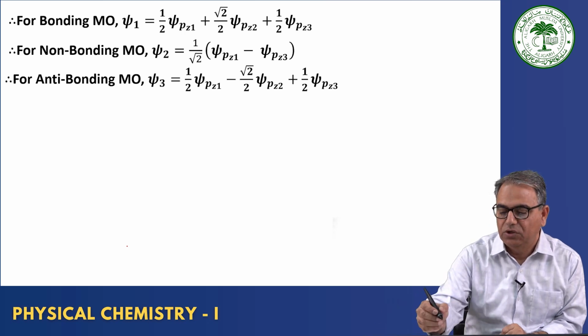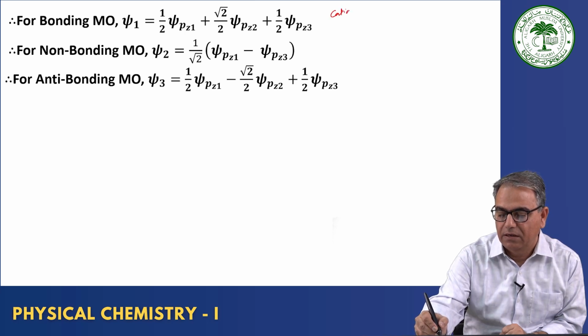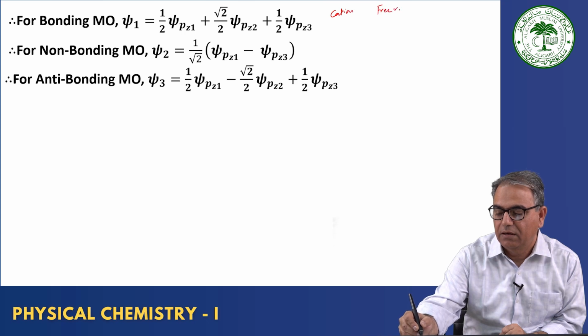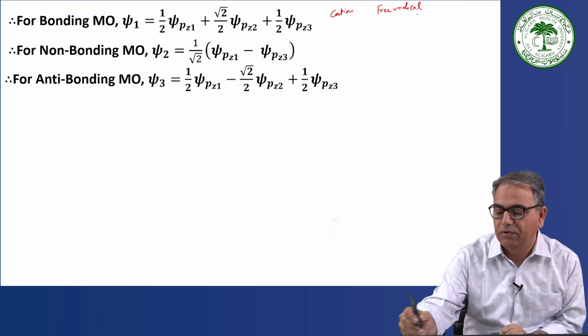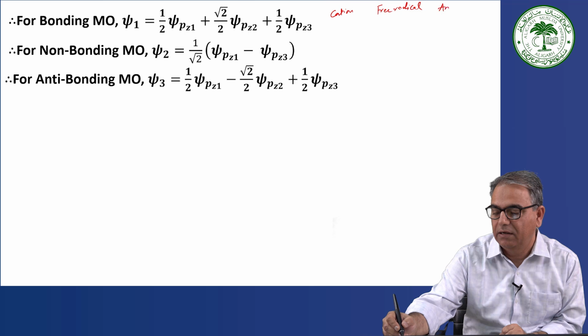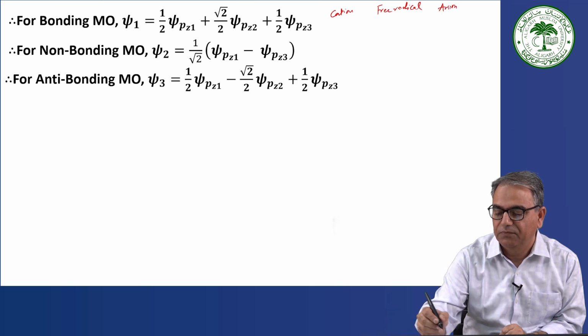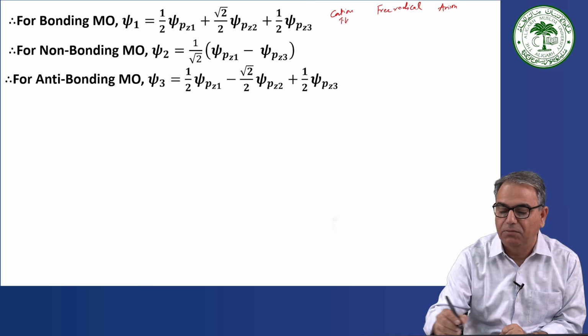Based on this, just for the sake of recap, if I write cation, anion, free radical: cations have 2 electrons present in the bonding orbital.